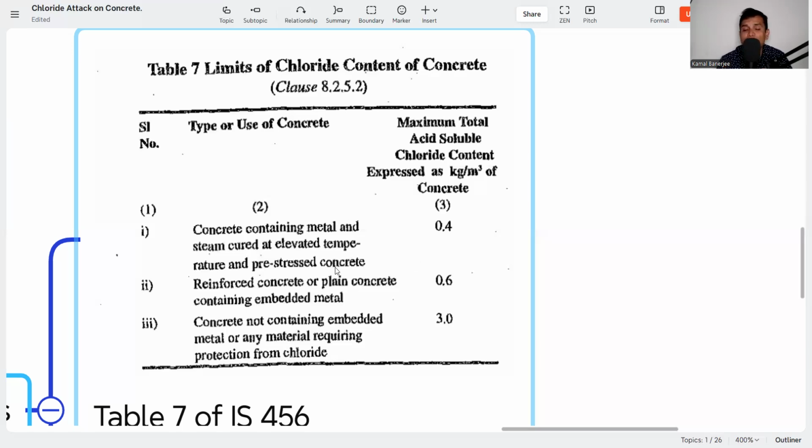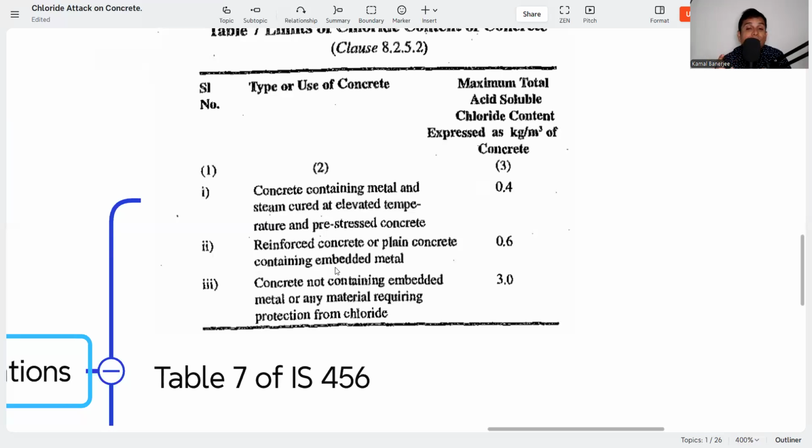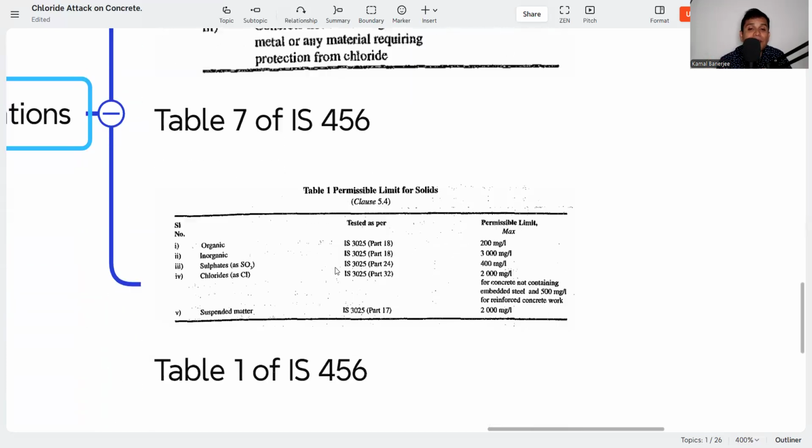This table is very important because whenever we are doing a mix design, or testing after the mix design, we need to satisfy that these are the maximum amounts of chloride that can be present inside the concrete. But we are also using water in the concrete. So what maximum percentage is allowable as per the IS code is given in Table 1.